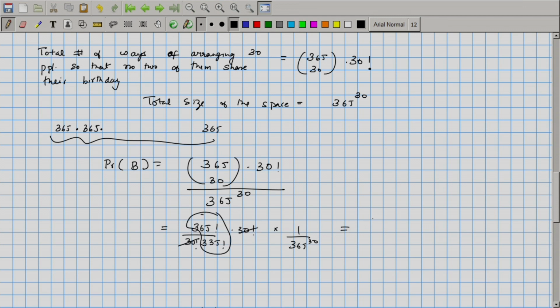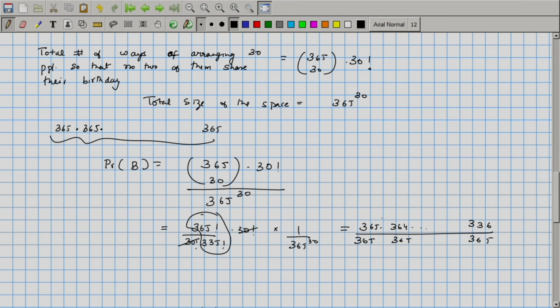That is going to be 365 times 364 all the way up to 336 above, because all the other terms will cancel with the denominator 335 factorial, and these are 30 terms, and there are another 30 terms which are all 365.